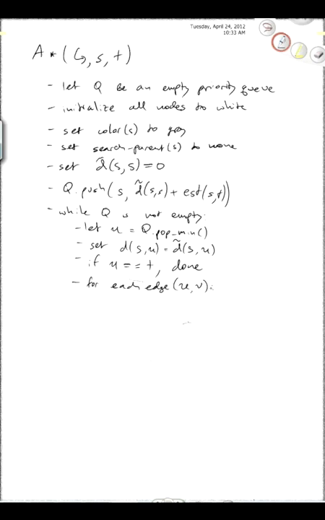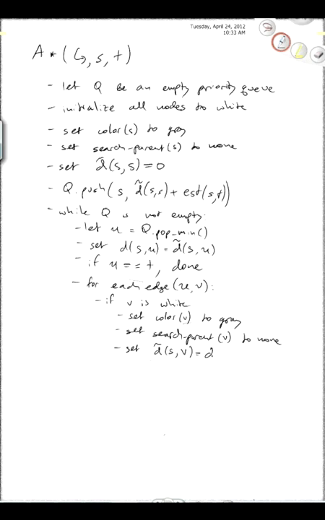we're going to do the following. If V is white, then we're going to set the color of V to gray, set the search parent of V to U. We're going to set the distance label of V equal to whatever the distance was from S to U plus the edge that we are currently looking at, c(U,V).